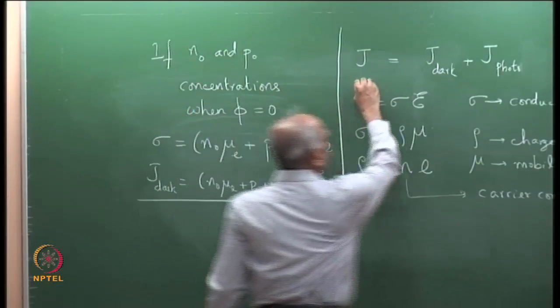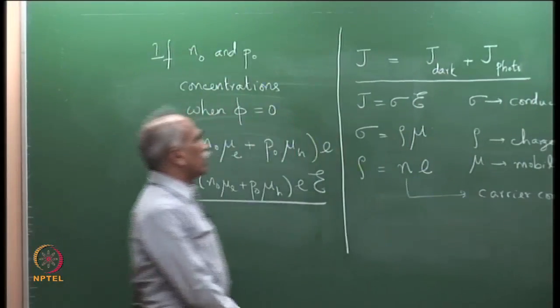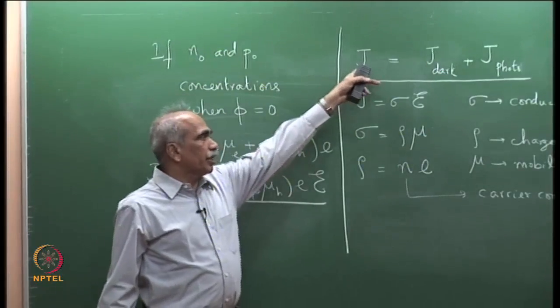We want to find the total current density, because from the current density we can determine the current.